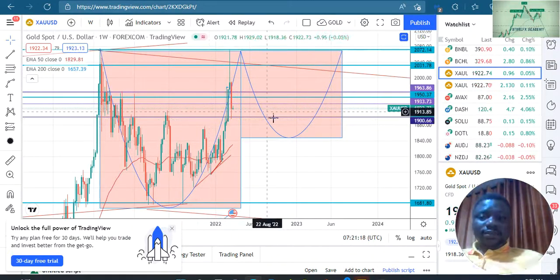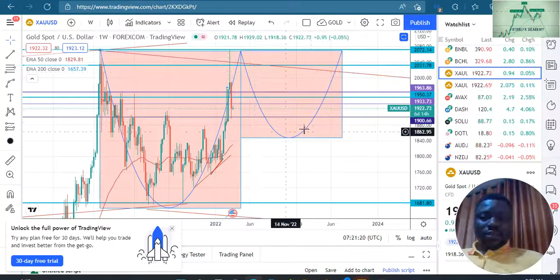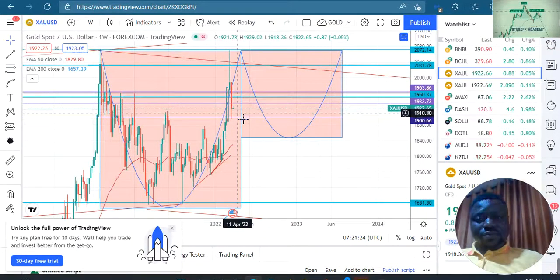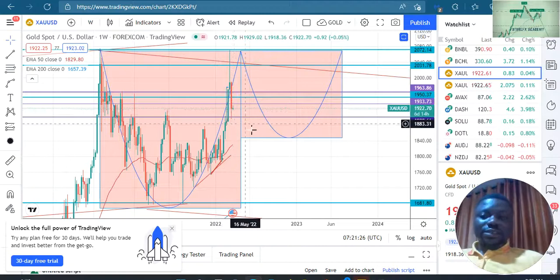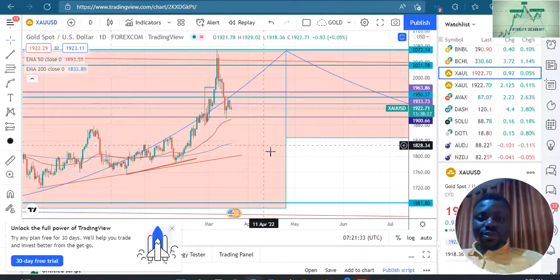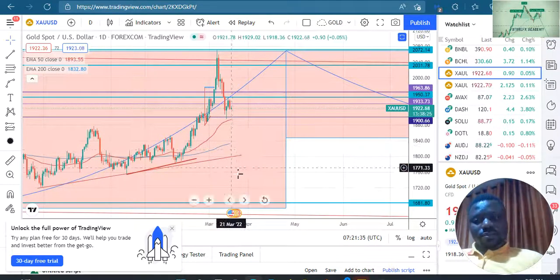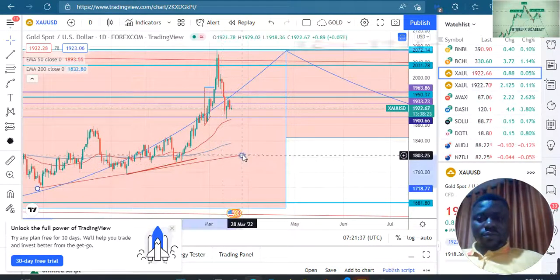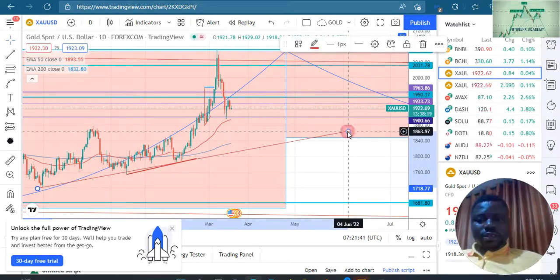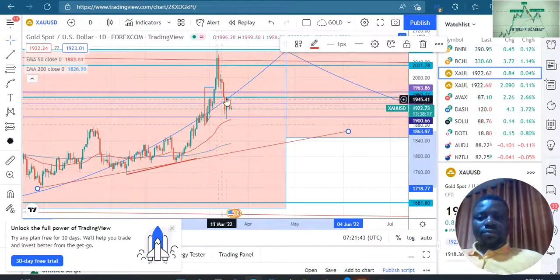So looking at this now, this analysis is long term, which means if you are looking for day trading, you have to go on a lower time frame and expect more sell.